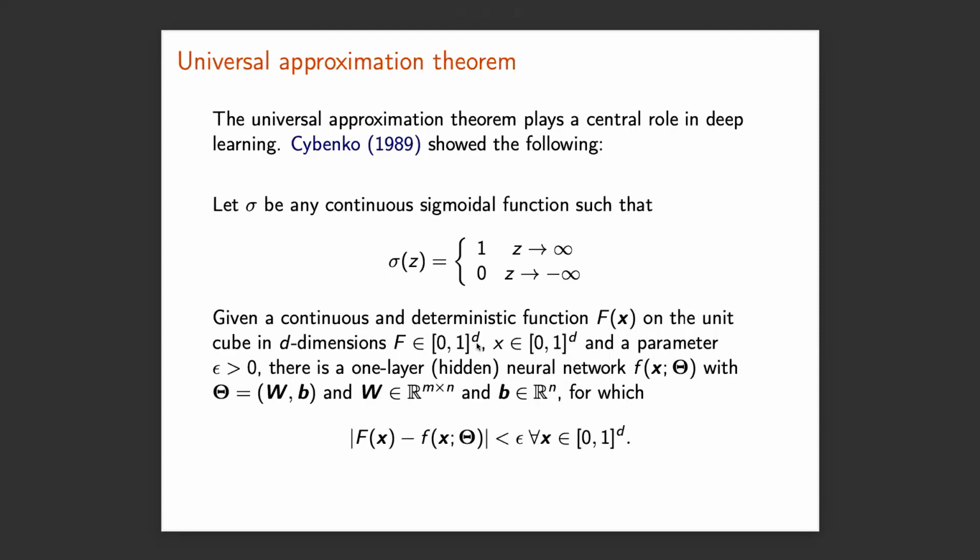Before we take a break, I wanted to say something about a very important theorem. This is the theorem which actually sparked a lot of interest in neural networks back in the 90s.